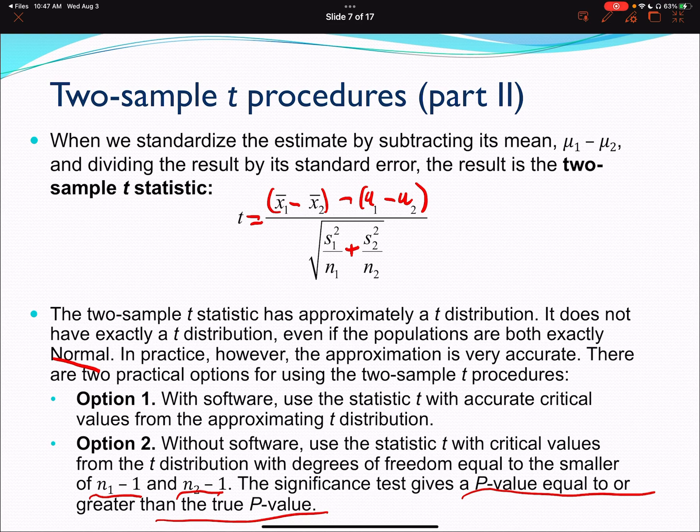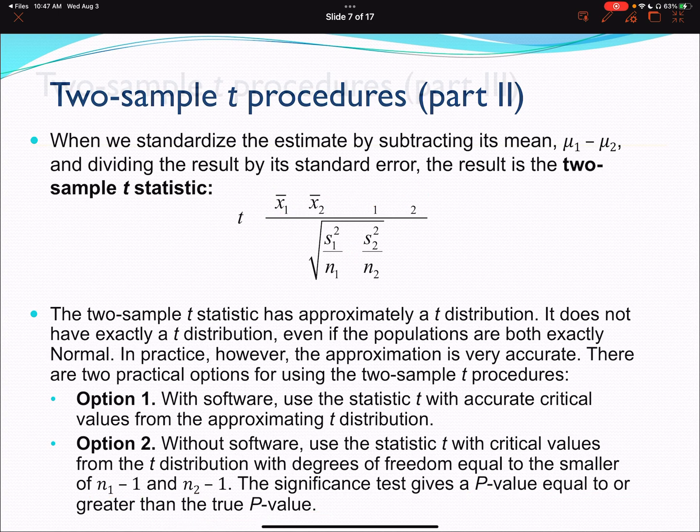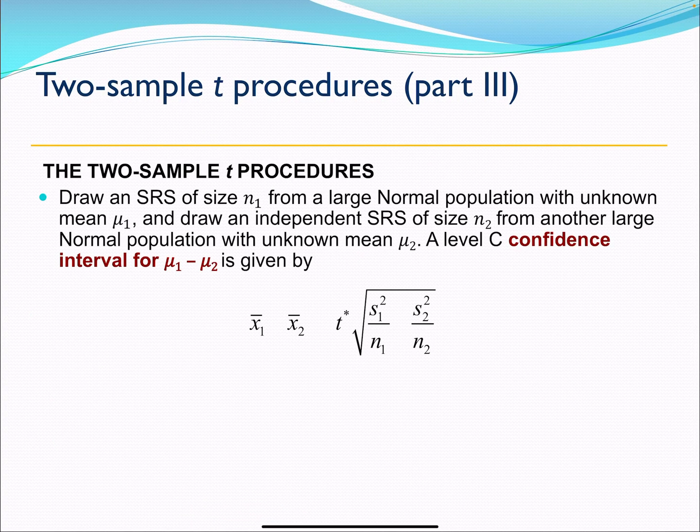So to create a confidence interval, right, what we do is we draw a simple random sample of size n1 from a normal population with an unknown mean, and then we draw another sample of size n2, and we calculate our confidence interval for mu1 minus mu2. That's going to be our sample mean of the first population minus the sample mean of our second population plus or minus our critical t times our standard error.